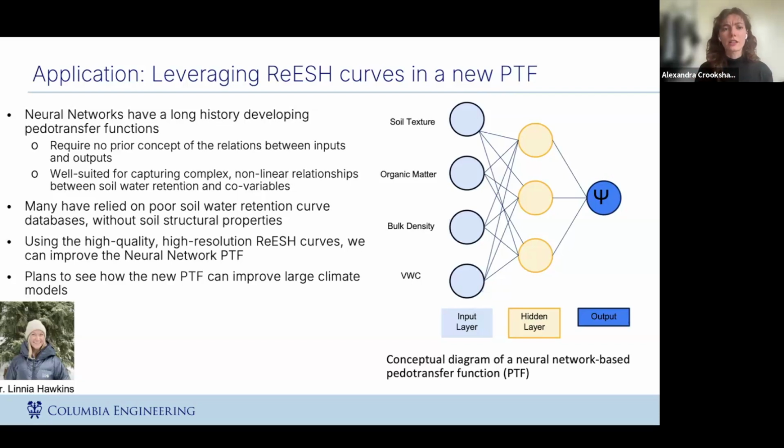We're very, very early in this work. As I said, I'm completing this for my master's thesis with Dr. Linnea Hawkins from NCAR. However, it is just another idea of one of the many avenues we're now able to head down with the Riesch curves.